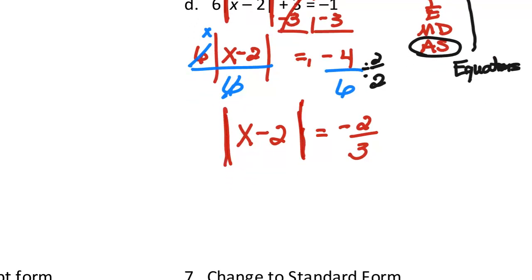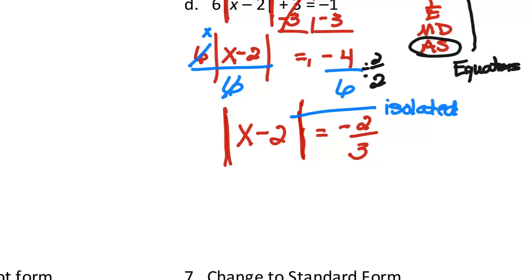Now, my absolute value is isolated, okay? It is by itself. It's not being added to. It's not being multiplied by. And that's equal to a negative value. So what does that mean? Yeah, you cannot have that. Absolute value is a distance away from 0.